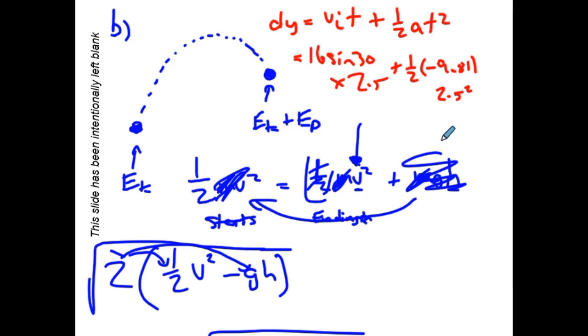There we go. This should hopefully help us calculate our distance in the y direction at that point. So let's try it: 16 sine 30 times 2.5, then we're going to add 0.5 times negative 9.81 times 2.5 squared.